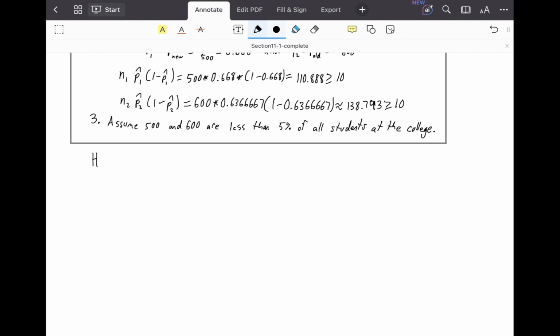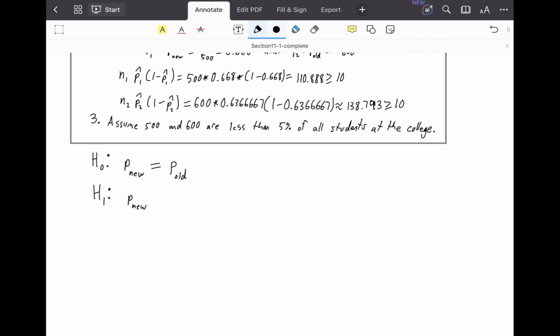So I'm going to set this up. I'm going to put our null hypothesis first. For the difference of proportions, it's always P1 equals P2. I'm just going to label this with new and old. I think it's a little bit easier to check the direction when you do it this way.